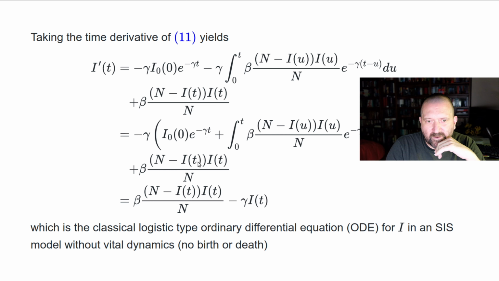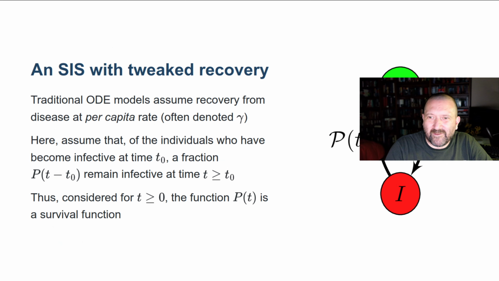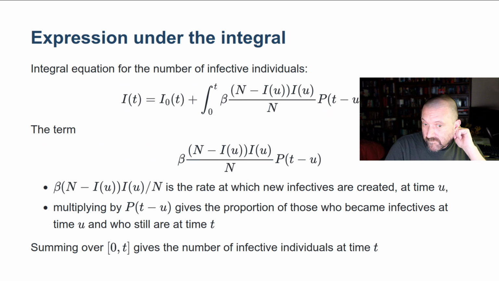So what we get is minus gamma I of t plus beta S i over n. And that's the ODE I would have for an SIS model with no birth and death, and proportional incidence. I should go back and edit this to make this proportional, but never mind.